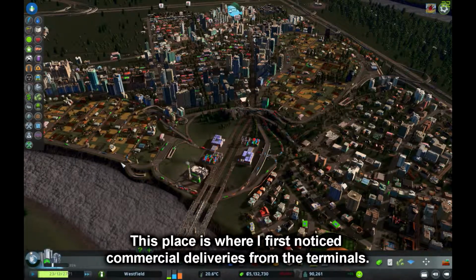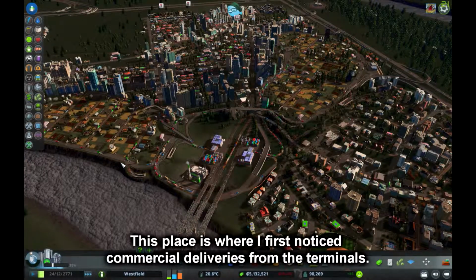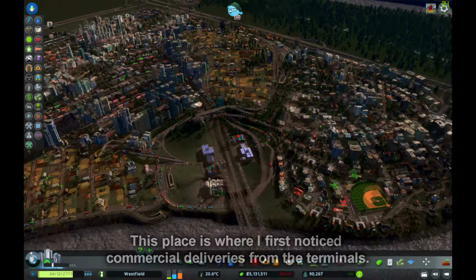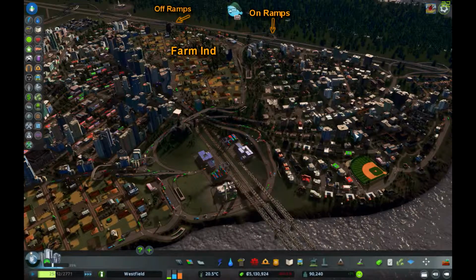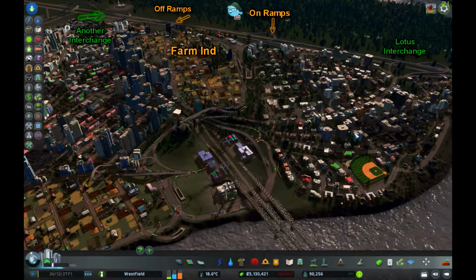And at the same time, trains come in here with commercial goods to be delivered to that commercial area or that commercial area and then go back home. So it's pretty similar to what you do.